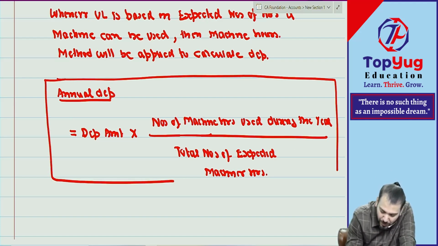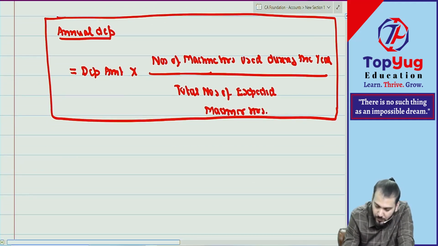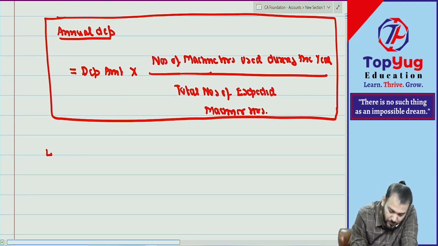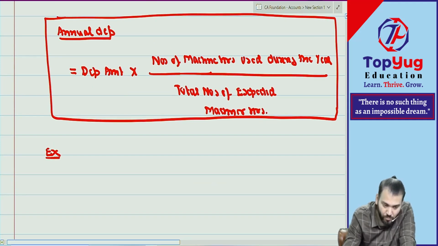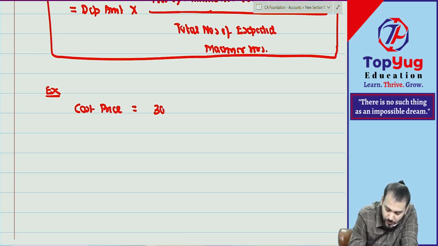I'm just giving one question. Apply this formula by your own. Example. Cost price of an asset 30 lakh.